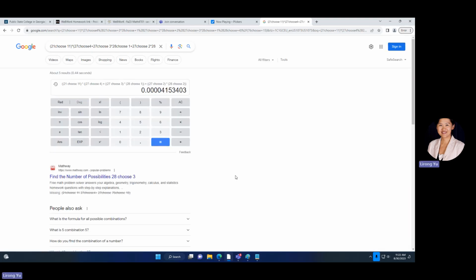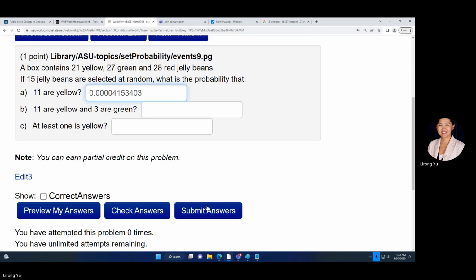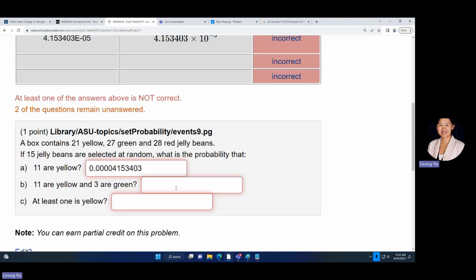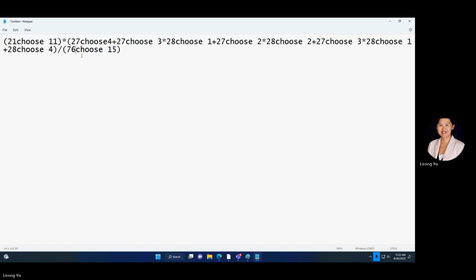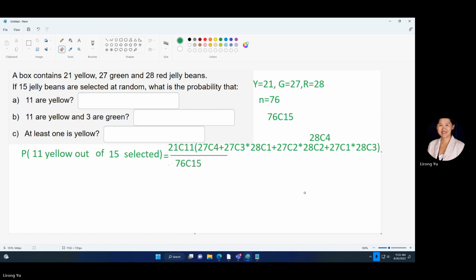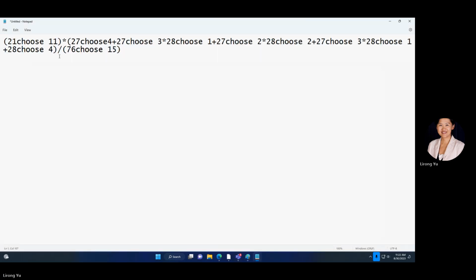It's so small. Calculation... One, two, three, two, one.